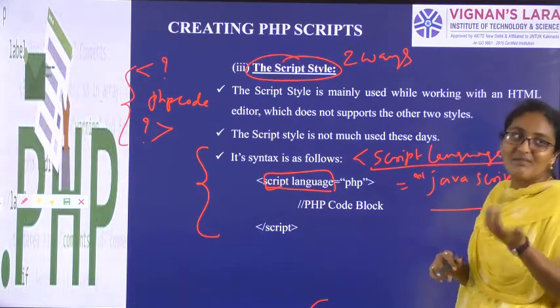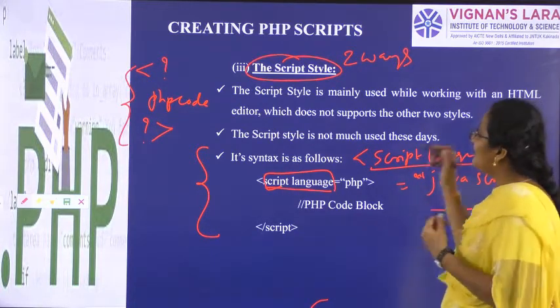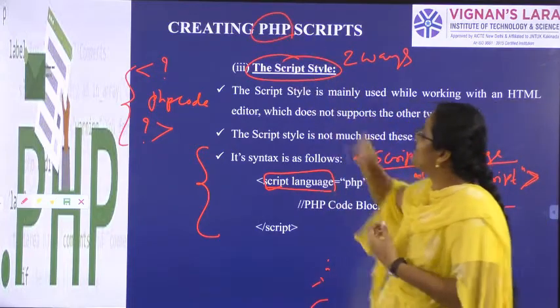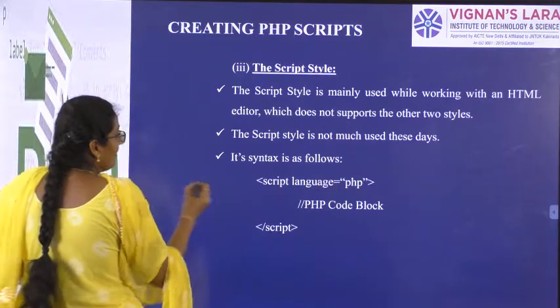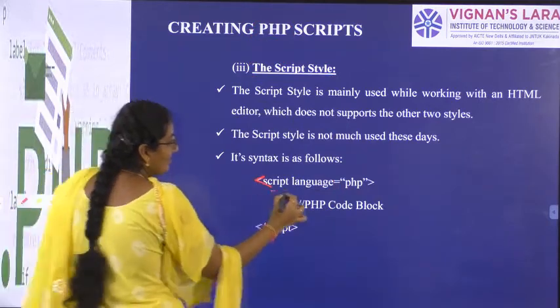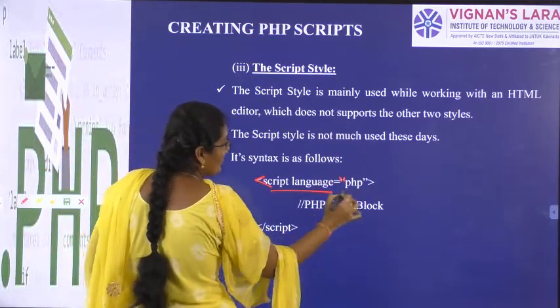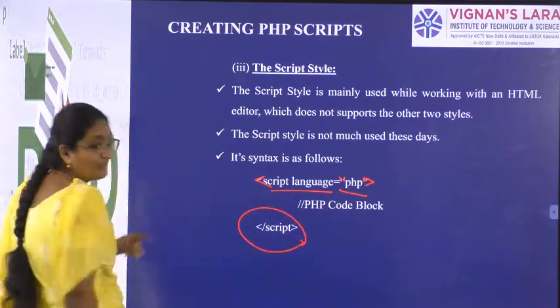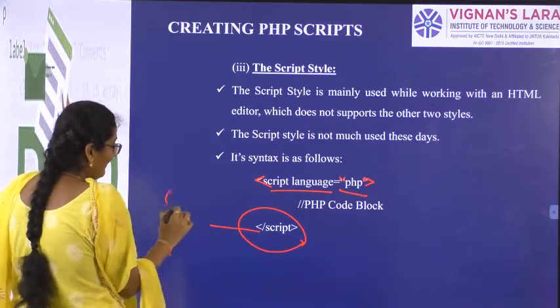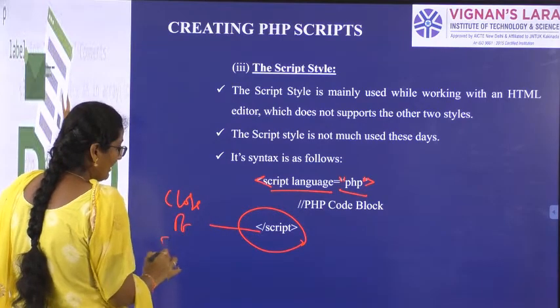There we used JavaScript as the scripting language. Here we are using PHP as the scripting language. So our syntax should be angular braces, script language, double quotations, PHP, closing of angular braces, and then the script tag close.